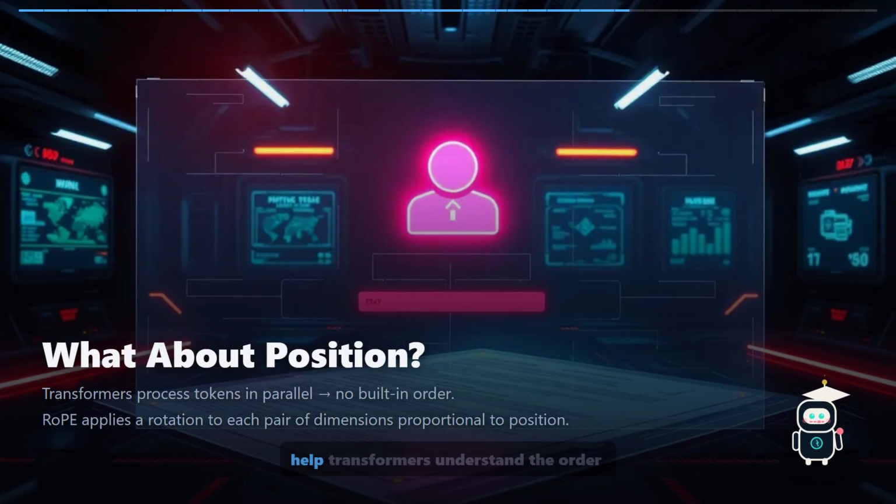Positional embeddings help transformers understand the order of words within a sentence because transformers process many tokens simultaneously, rather than one after another. They are internal components of the language model and are not the vectors you store in a vector database. Although both are called embeddings, they solve entirely different problems.